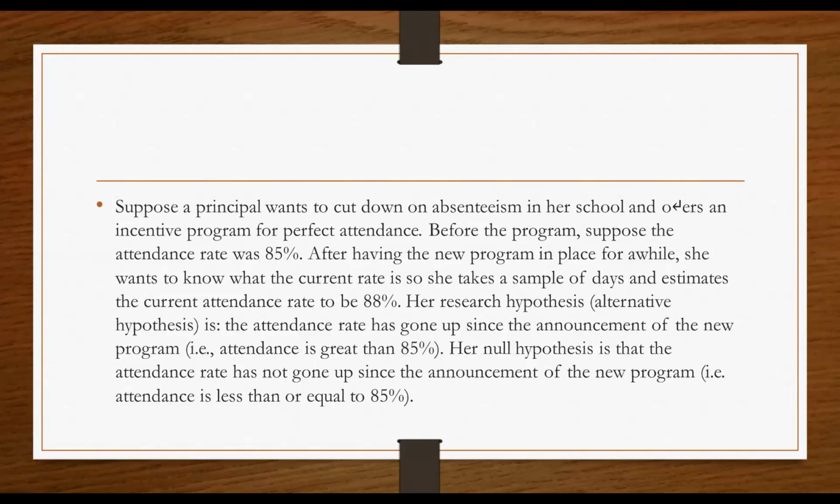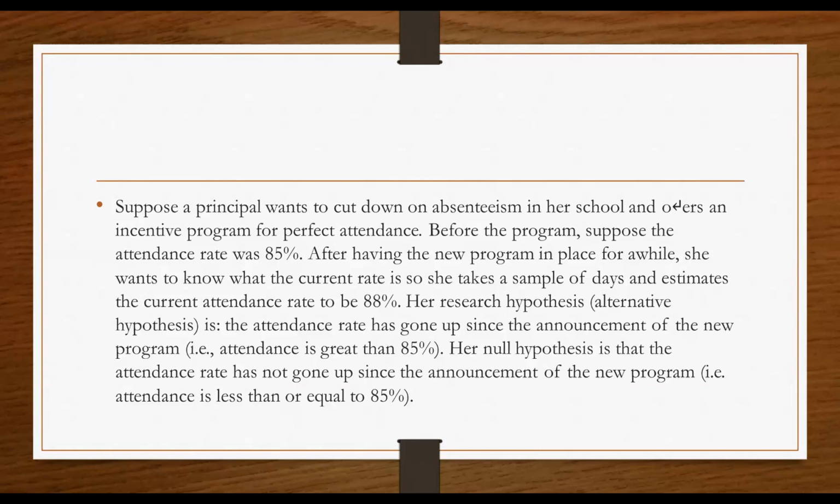So after that, they take a sample, they calculate, and they find that the rate is now 88%. The hypothesis of the researcher will be that the attendance rate has gone up since the announcement of the new program. That will be the alternative hypothesis. You are trying to say that after the changes, there was a change in the attendance.